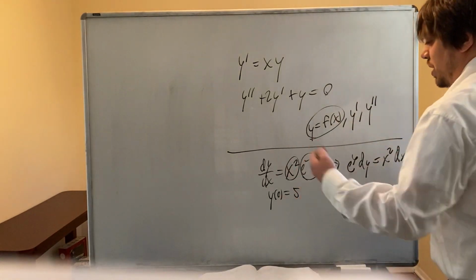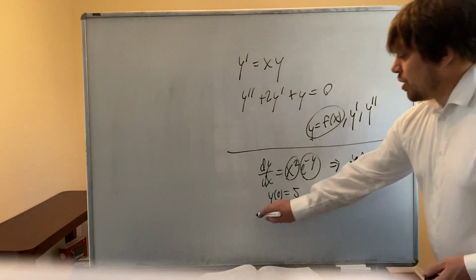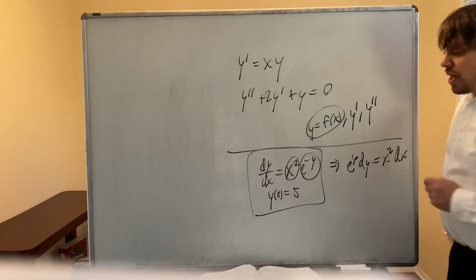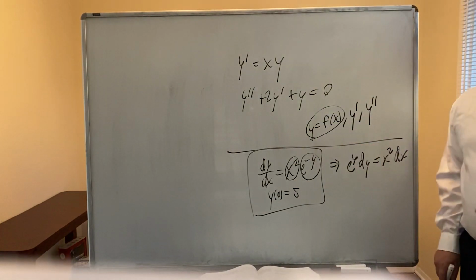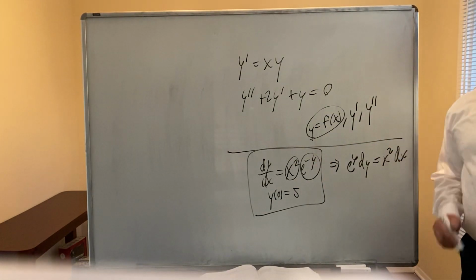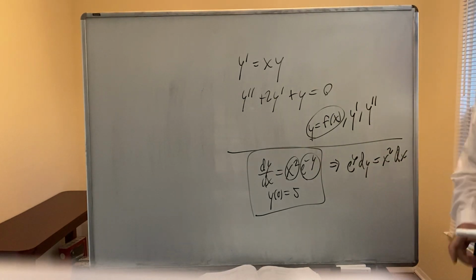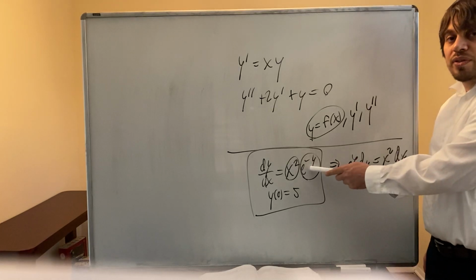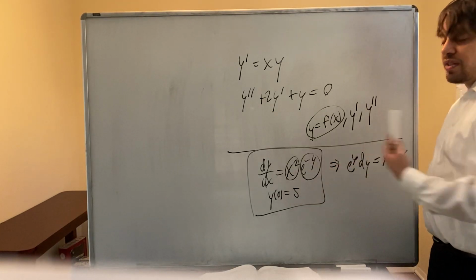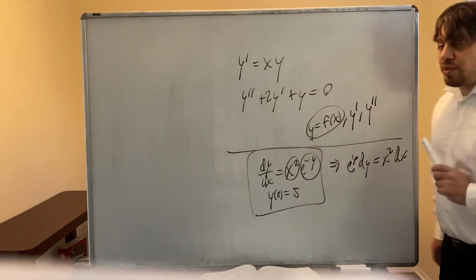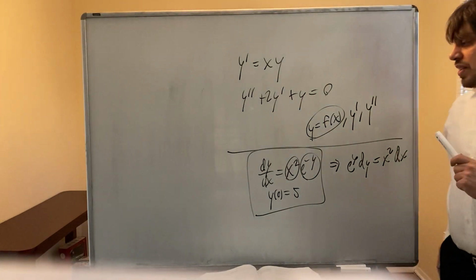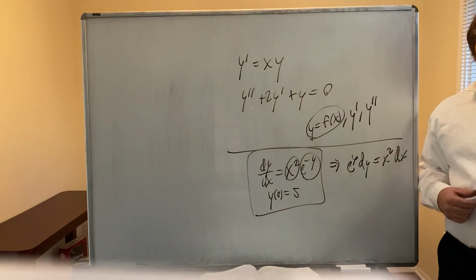When x is 0, y is 5. Then the solution of that would not be the general solution of the differential equation, or finding all the solutions to the differential equation. It would be finding the particular solution of the differential equation that satisfies the given condition. In this case, y of 0 equals 5. Okay? That's an initial value problem in differential equations.